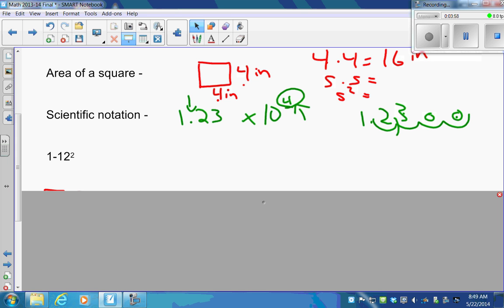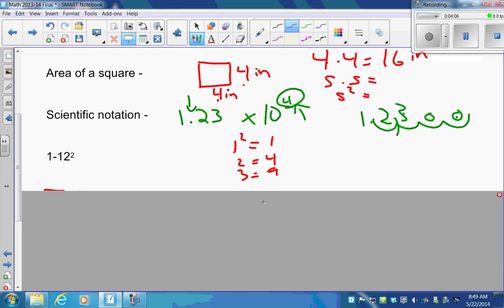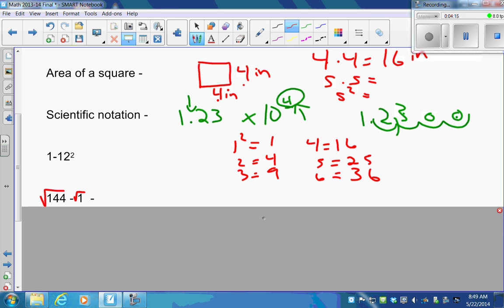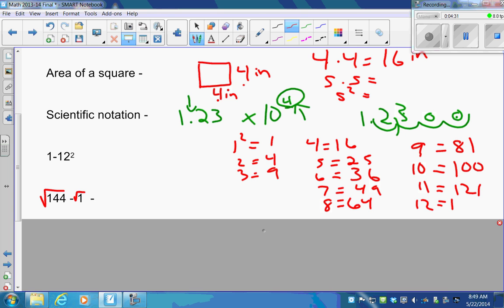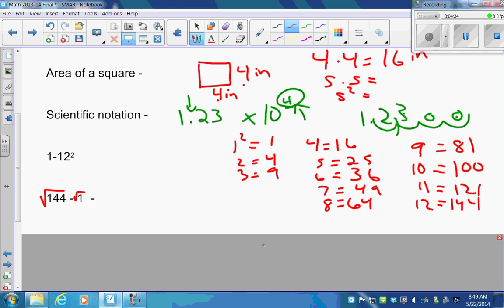All right, look down. So 1 squared should equal 1. 2 squared equals 4. 3 is 9. 4 is 16. 5 is 25. 6 is 36. 7 is 49. 8 is 64. 9 is 81. 10 is 100, 11 is 121, 12 is 144, and let's do 13 just for kicks. 13 is 169.